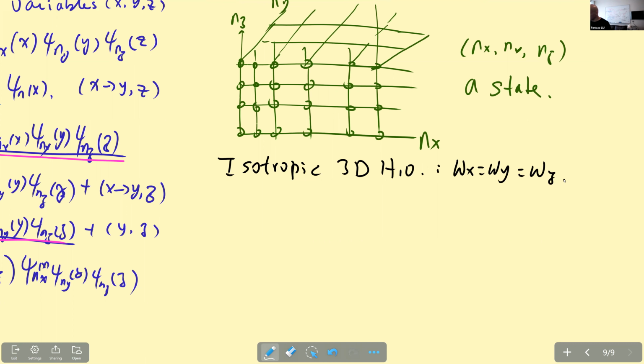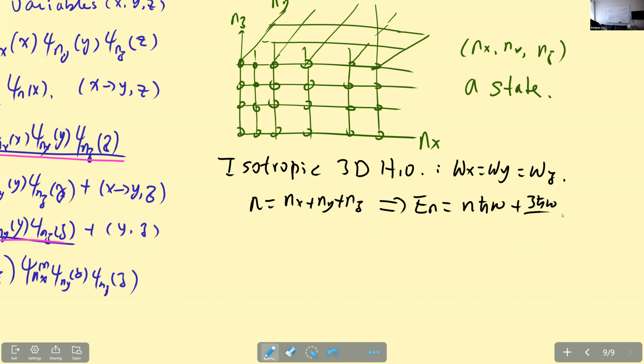And then you find that N, defined as the summation of the three quantum numbers, gives the energy E_N equals N ħω plus 3ħω/2. Right. So basically you can have degeneracy.